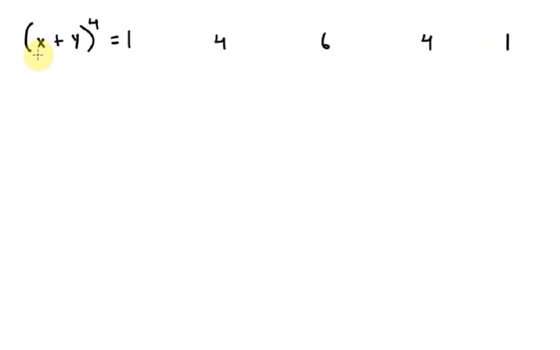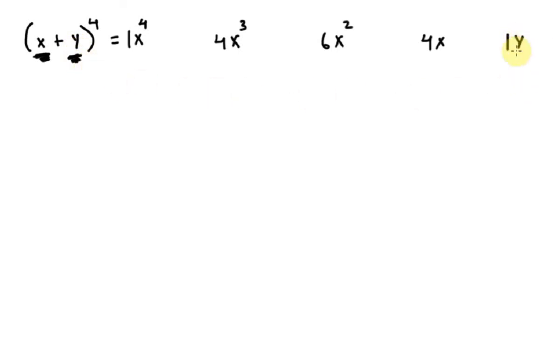The next thing I do is I look at, well, what's the first part of my binomial? It's x. So this would be x to the 4, then x cubed, then x squared, then x to the 1, and then it disappears. Now the next part of this is positive y. So now let's build that, but in reverse order.